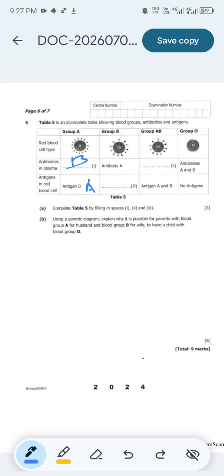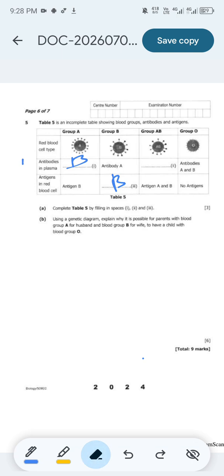Okay. Then whenever we are talking about blood group B, its antibodies in the plasma are A, but the antigen in the red blood cell is B, because an antigen is an identity. So an antigen determines the blood group. Okay, so here they made the mistake.